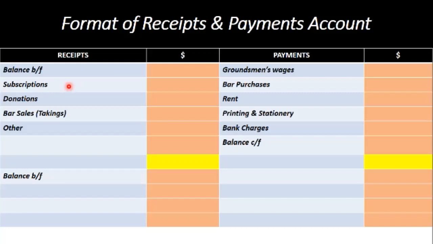Okay, so you will get membership for a year or for a lifetime or whatever. Okay, next we have donations. Some people would wish to donate money to a club or a society. It makes up a part of their receipts.